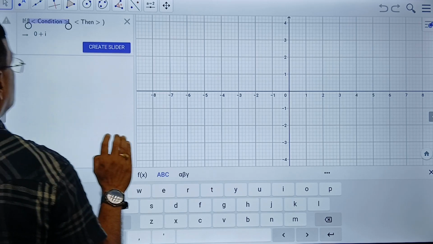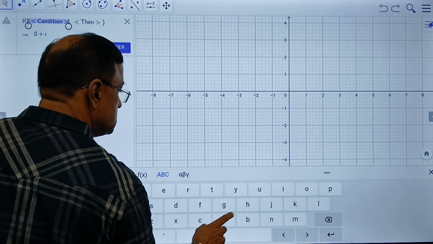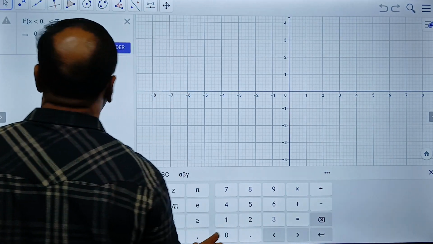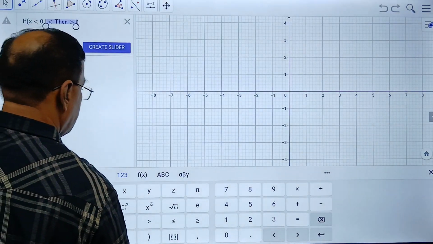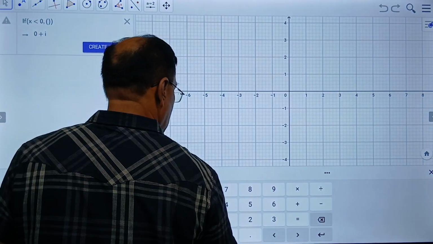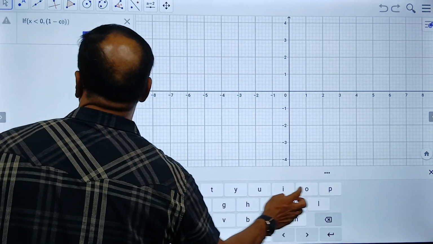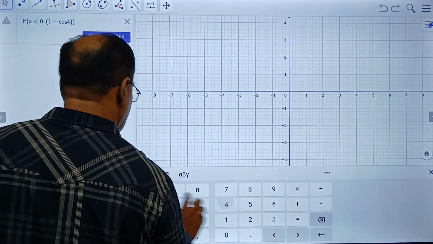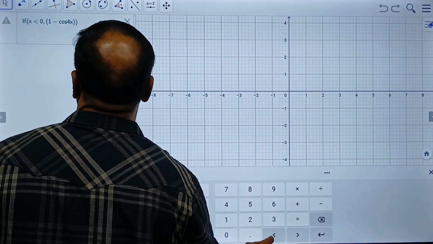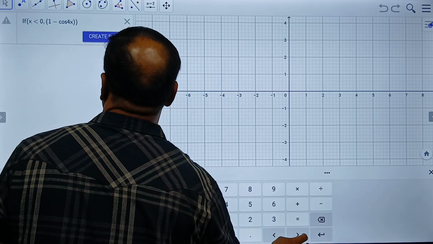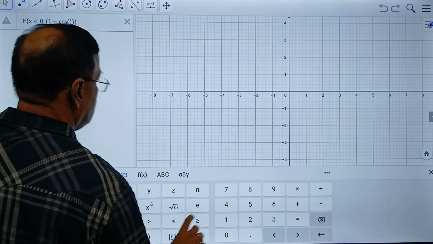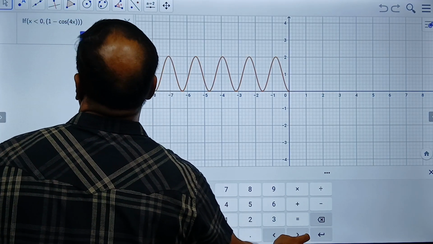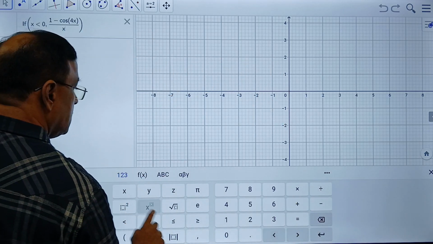Okay. Condition, if x is less than 0, then it is 1 minus cos 4x divided by x square.